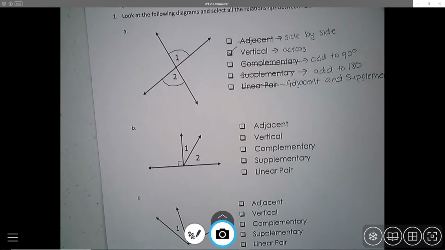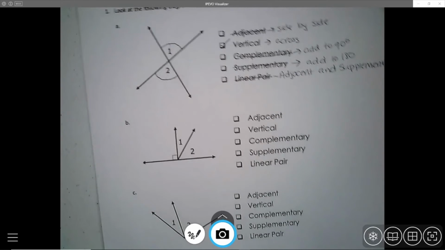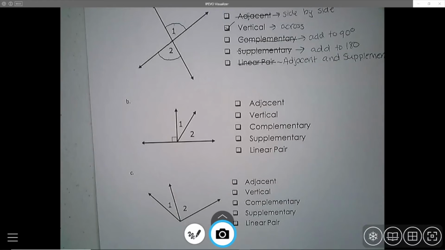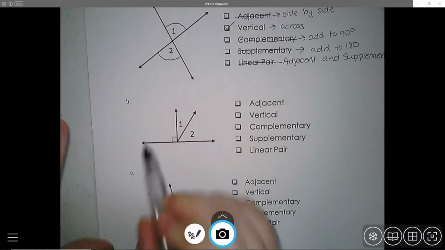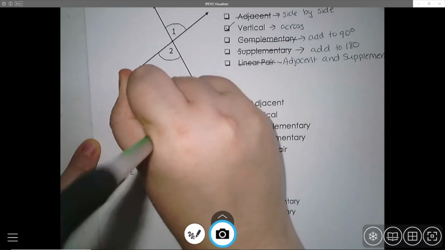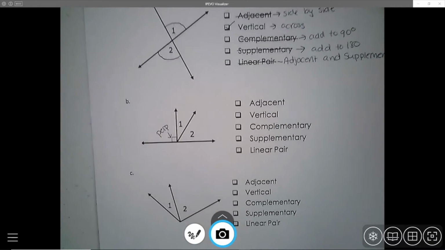Okay, now we go down here to letter B of number 1. There's something that we have to mark before we go any further, and we have to talk about this. This is perpendicular. And remember, perpendicular angles are angles that when they cross, they form 90 degrees.